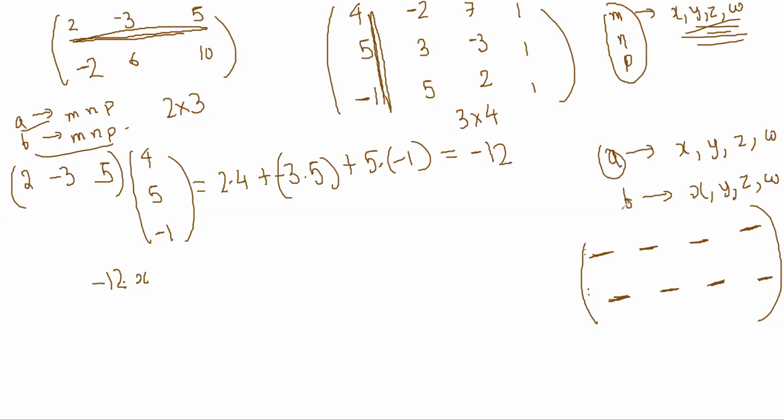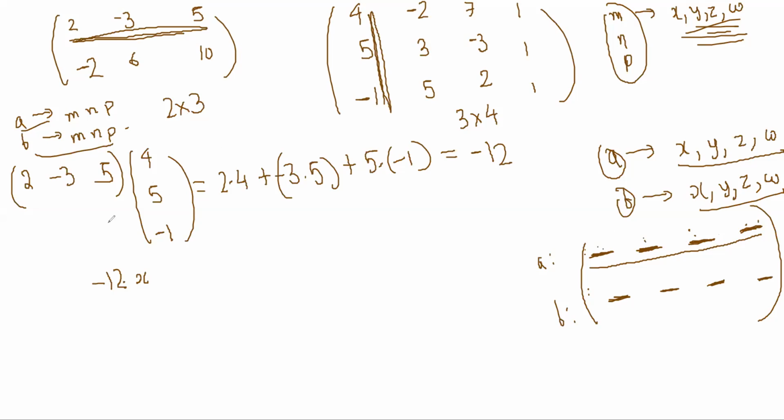Finally, you want to express A and B in terms of 4 things, so you should have 2 rows, one for A and one for B. To form A, you write it in terms of X, Y, Z, W, so you want a coefficient of X, of Y, of Z, of W. So you want a 2 cross 4 matrix, right? And each of the spaces here are telling you the coefficients of X, Y, Z, and W, right?